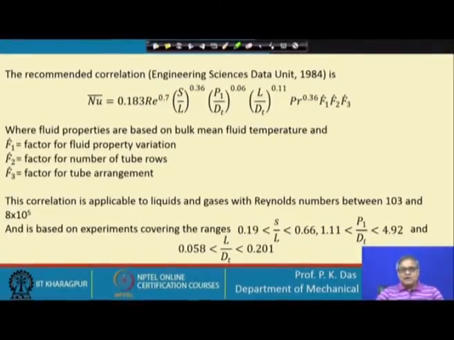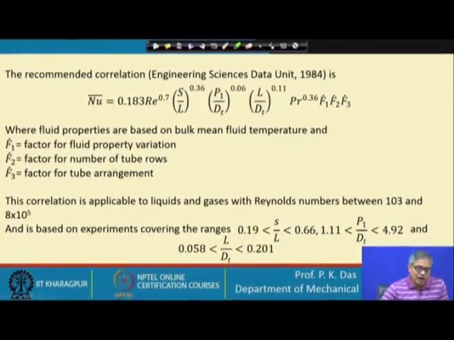This difference in temperature may give rise to property variation, and that has to be taken care of. So, F1 takes care of fluid property variation, because the bulk fluid temperature and the tube wall temperature are different.